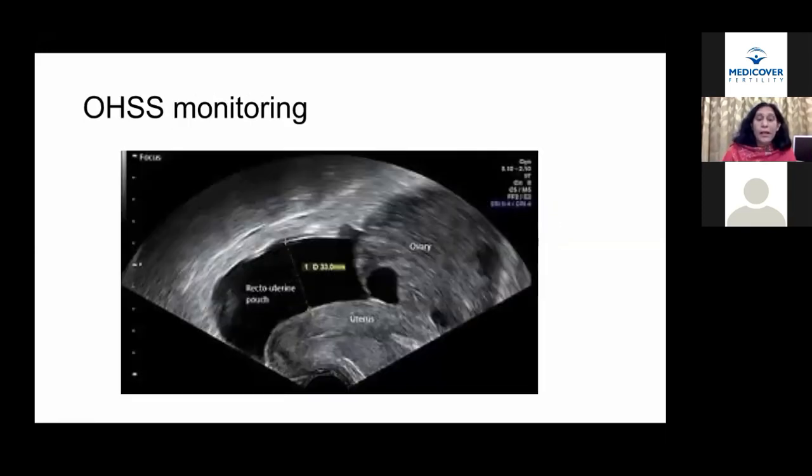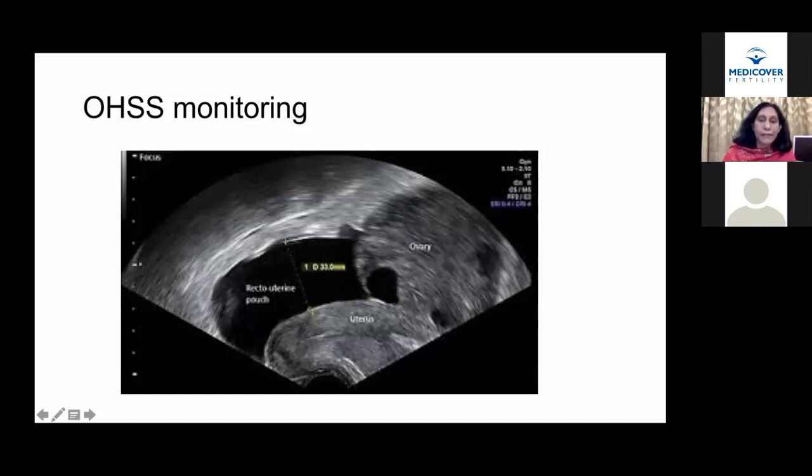Sometimes when we have given a high dose, or as part of ovulation induction, especially when we want superovulation, like in the IVF procedure, the body may respond too much, and there can be ovarian hyperstimulation. You can see here, this is a stimulated ovary.